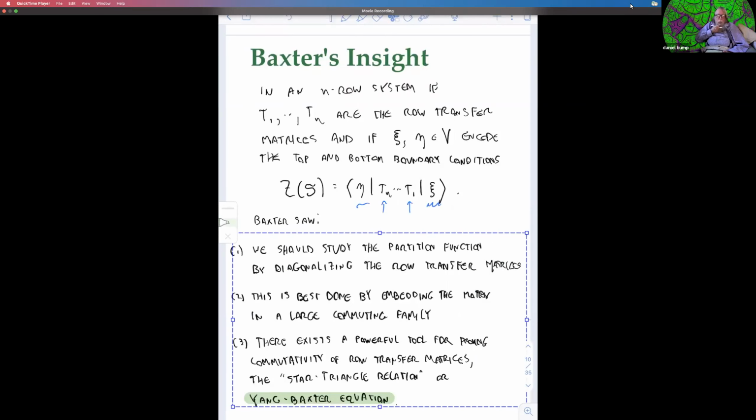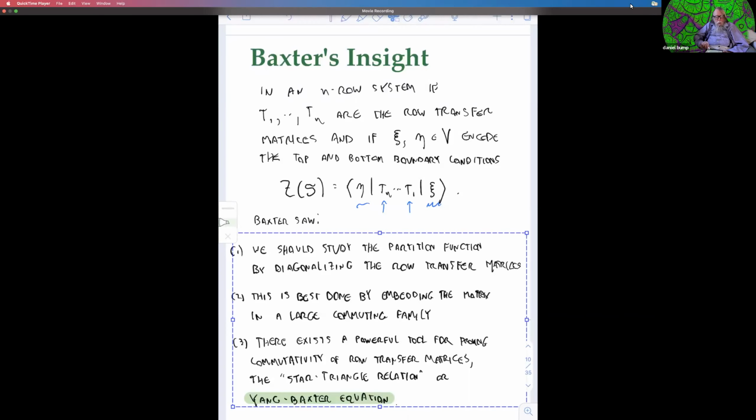Now Baxter had some very good ideas. He realized that you should study the partition function by trying to diagonalize the row transfer matrices, and that a good way of doing this was to embed the row transfer matrices into a large commuting family.